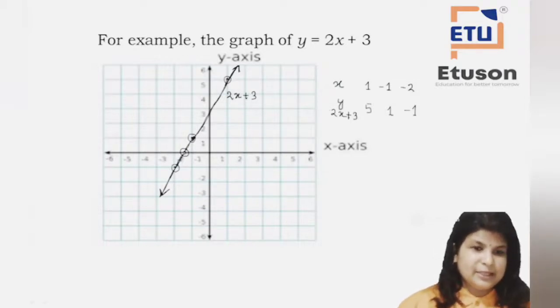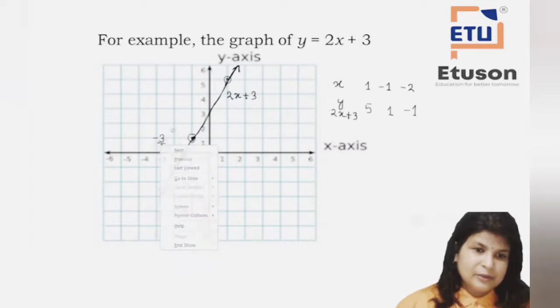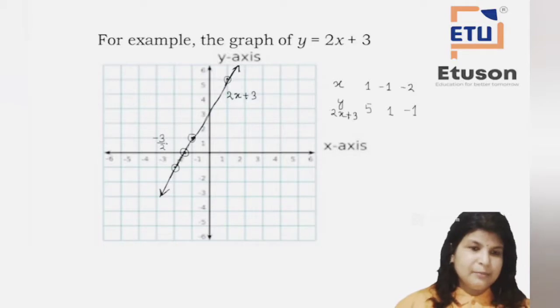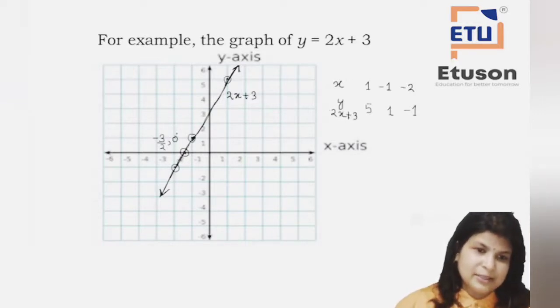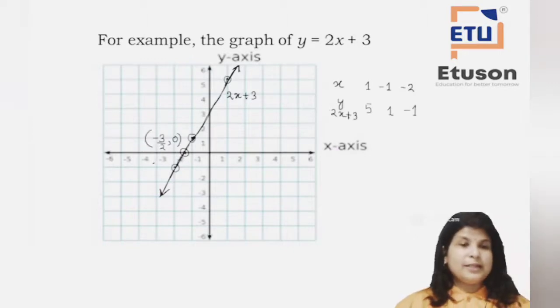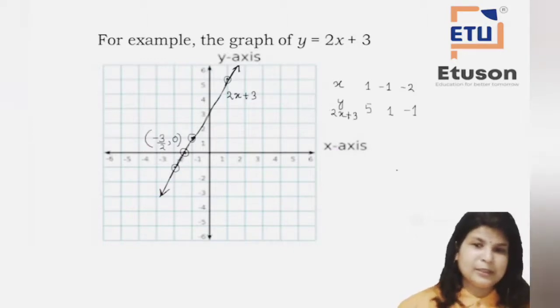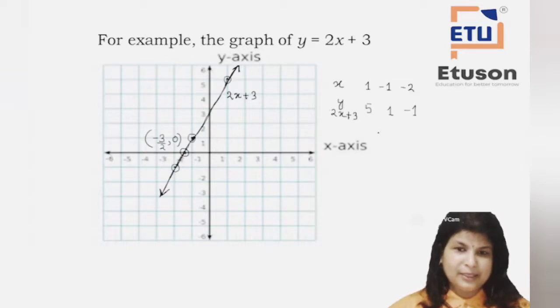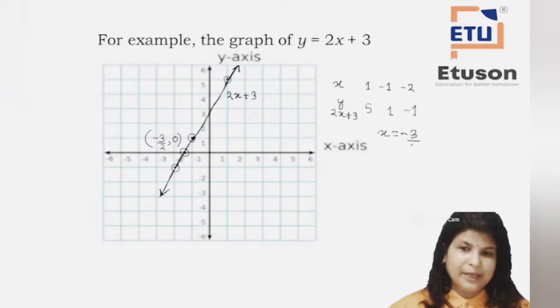At this point the coordinate of x is the mid of minus 1 and minus 2, that is minus 3 by 2, that is minus 1.5. And what is the value of y there? That is 0. So what is the zero of the polynomial? The zero of the polynomial is x equal to minus 3 by 2.